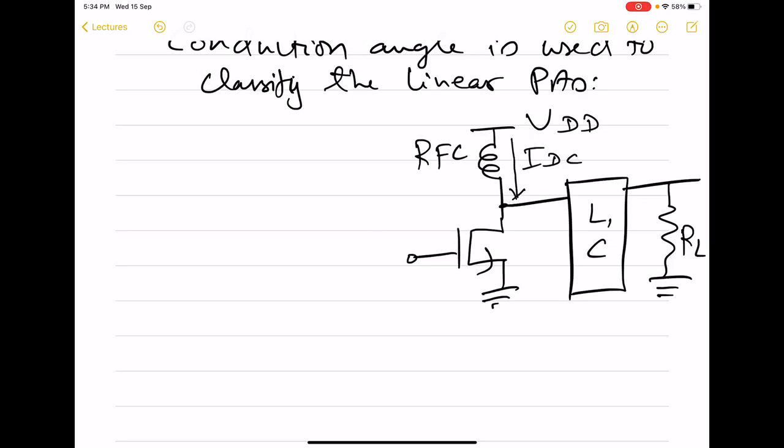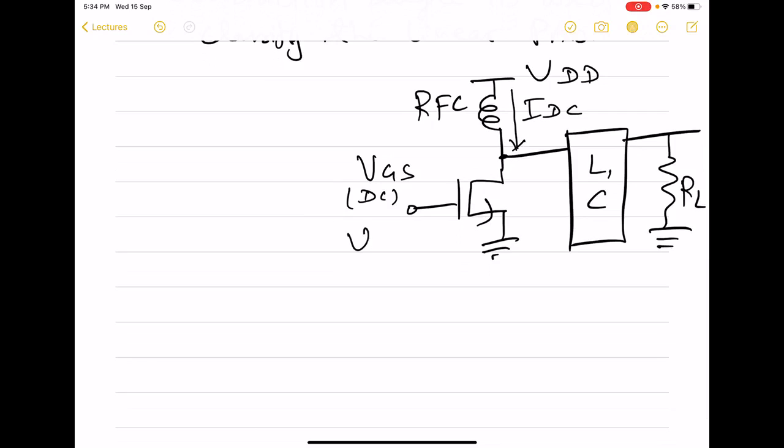And at the gate, as was pointed out, there will be a gate to source DC voltage, and then there will be a time varying RF or AC signal. So here we will be taking input as A cos omega t.